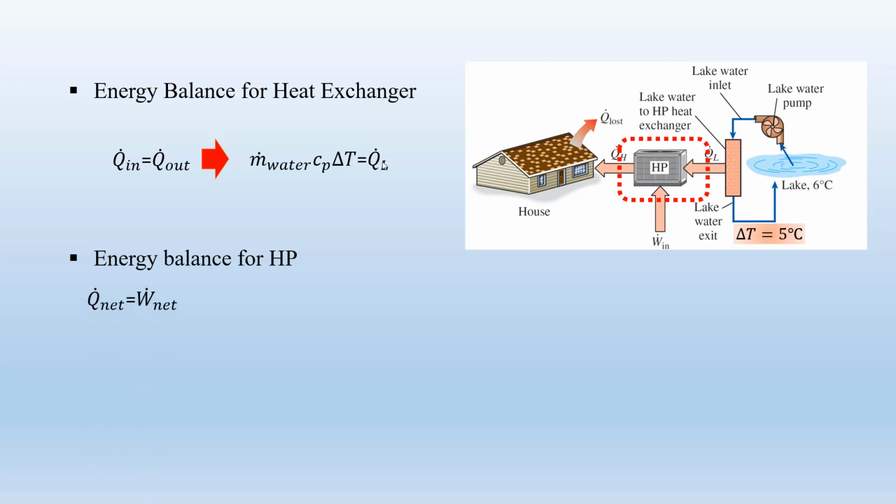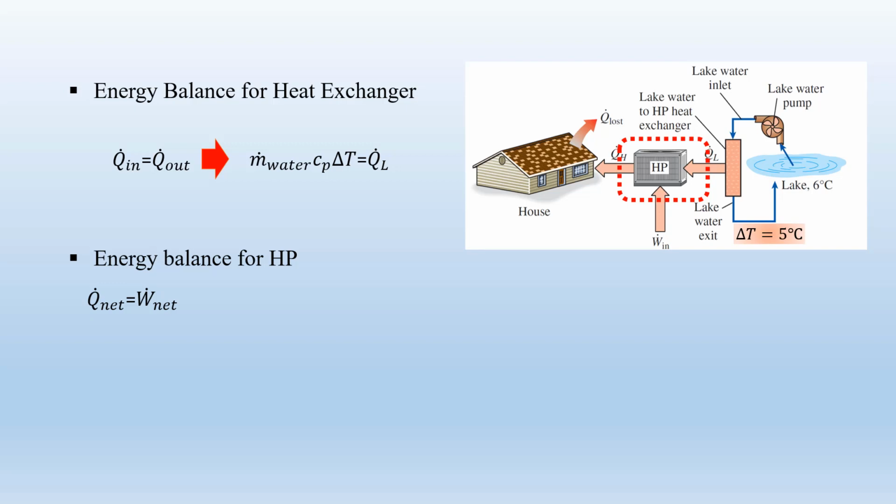This is the energy balance. What is the Q dot net? Q dot net is Q dot in minus Q dot out, or Q dot L minus Q dot H. What is the W dot net? W dot net is W dot out, which is 0, minus W dot in. So the W dot net is actually negative W dot in.